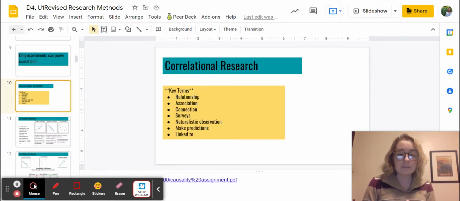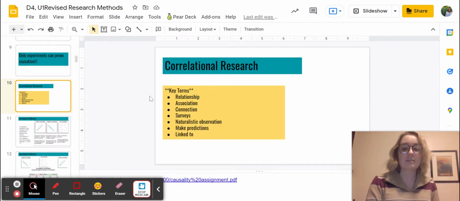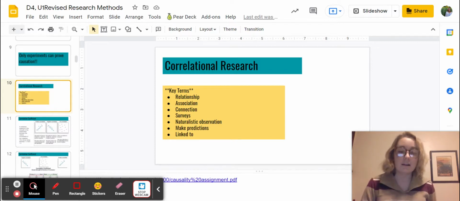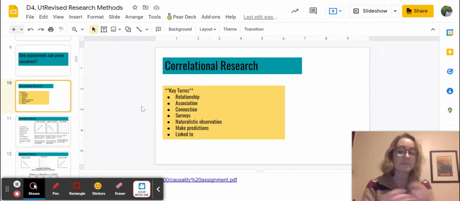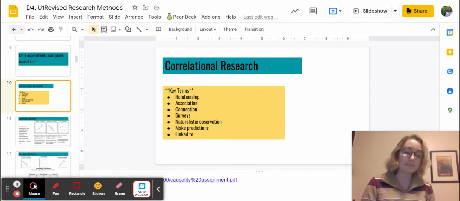Another thing, just like we did with the psychological perspectives, it's important to look at the key terms for each type of research method. Like I said, if you're on an FRQ, it's important to lay those buzzwords in, because an AP reader is going to look and see that you were asked to talk about correlation, and you mentioned there's a relationship between these two things, an association between these two things.